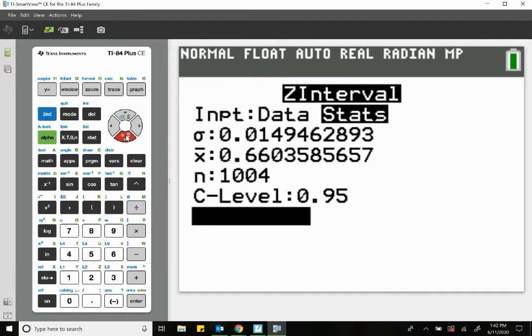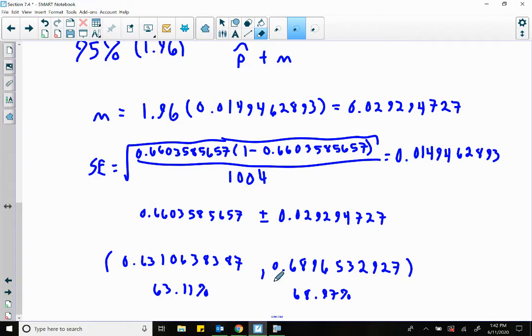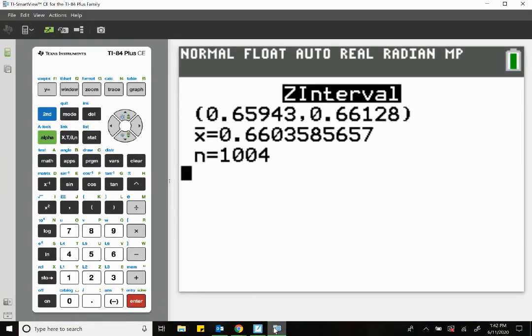Actually, I think I know what this is doing. It's calculating the percentage for it. Oh, nope. There it is. Here's our interval. Although that one's a little bit lower. But the 0.66128, I think that one matches. Nope. I wonder why that came out weird.